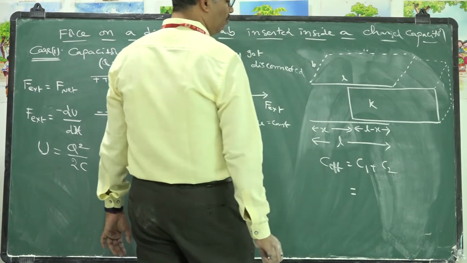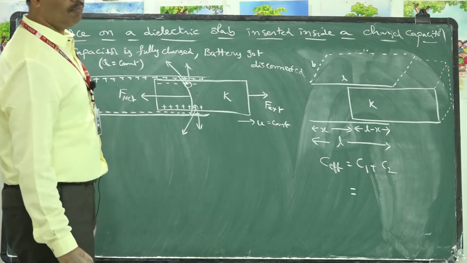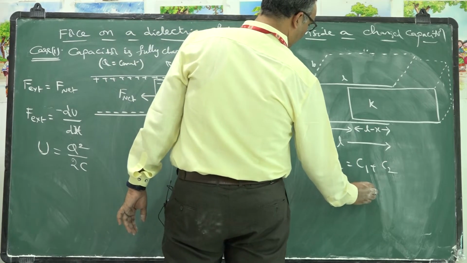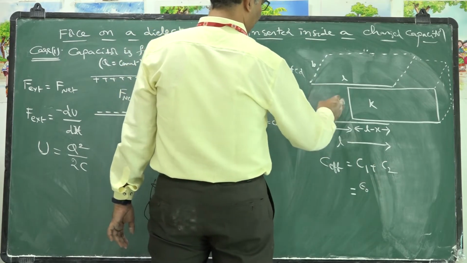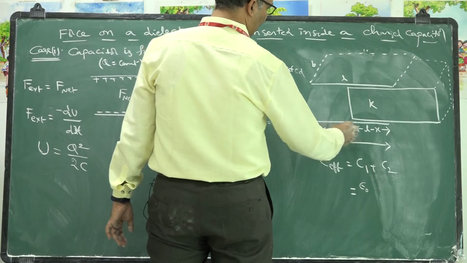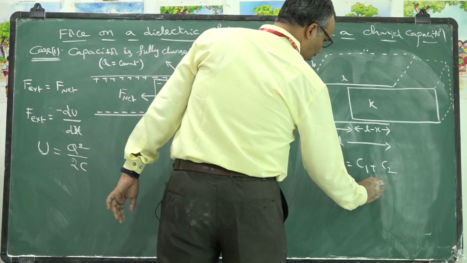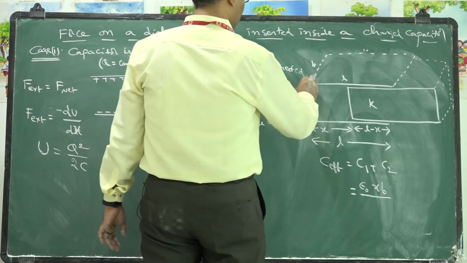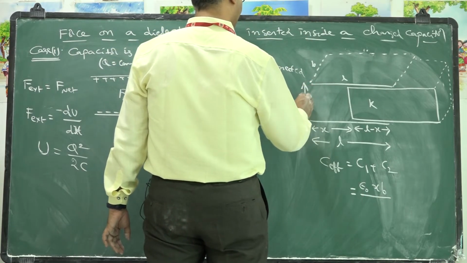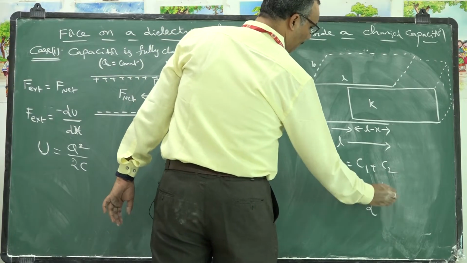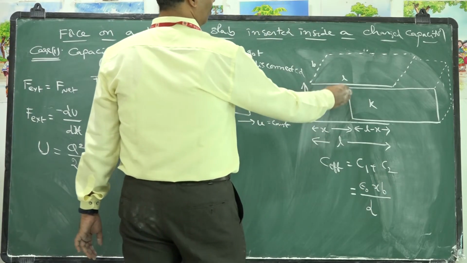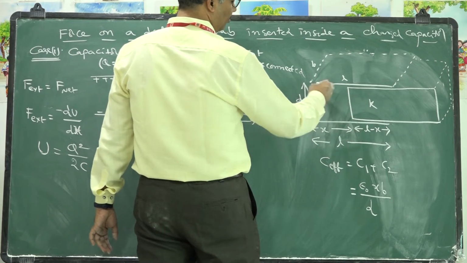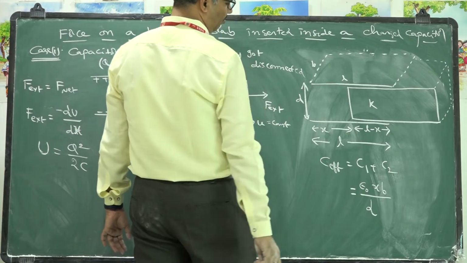For a parallel plate capacitor, capacitance is given by epsilon naught A by D. So epsilon naught, the area of this plate is length x times breadth b, so x into b is the area. Let me take the separation as d. So this is the capacitance of the part of the capacitor having length x separated with air.